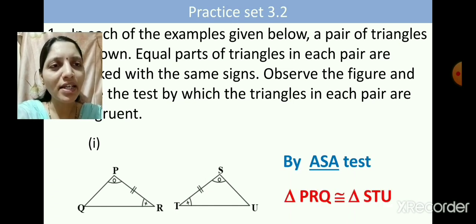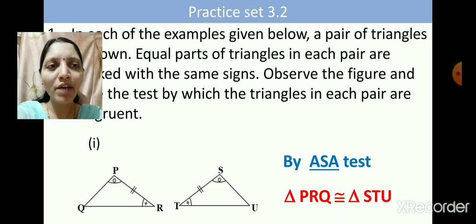Therefore, we can say that triangle PRQ is congruent to triangle STU. Why have we not written PQR here?